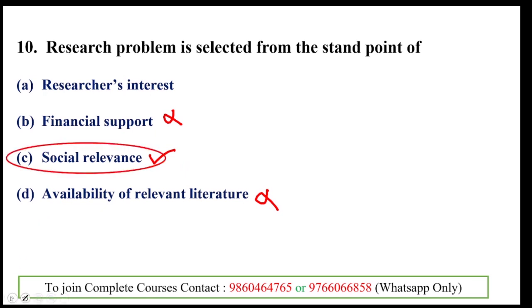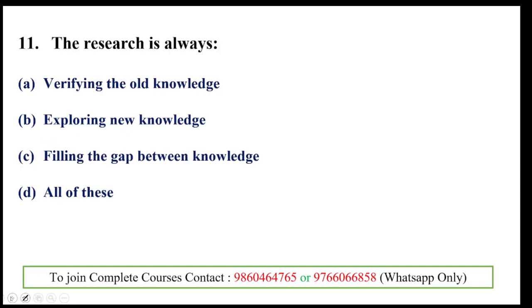Option C, right answer. And the 11th one, research is always... So research always means something that is all-time possible. Clear? So verifying the old knowledge is right, and exploring new knowledge is also important. Verifying old and exploring new will make the gap to fill.